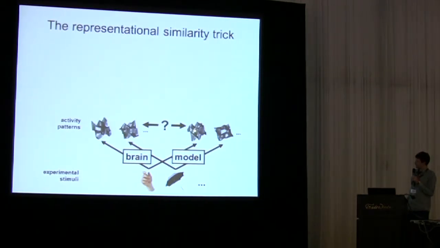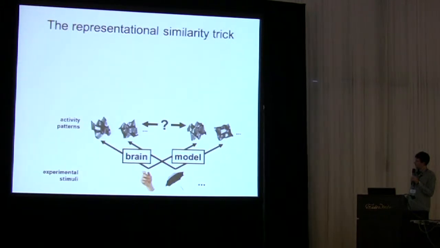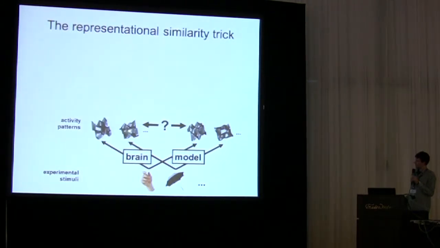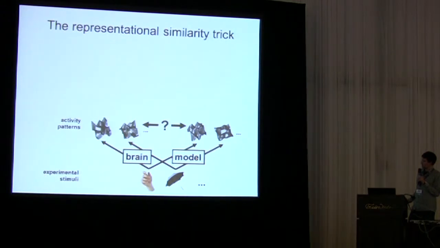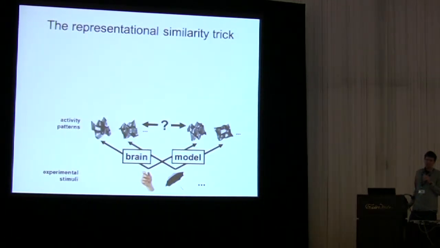And why is it difficult? Because we don't know the point-to-point mapping between the model units and the brain measurement channels, which could be single neuron recordings or voxels. And this is actually a very difficult problem because there are many of these, right? So this is going to be a subsample of millions of neurons, either averaged together in some complicated way or selected extremely sparsely. And these are units that don't match these in number, and there's also a large number of them, right?